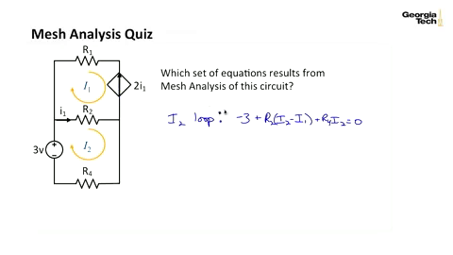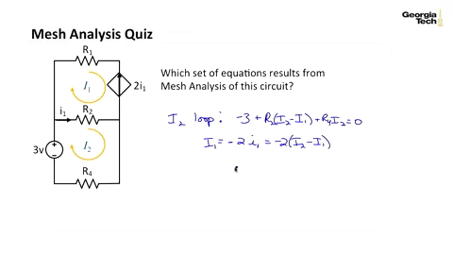Well, my equation is that I1 is equal to minus 2 times little I1 because it's in the opposite direction. And I1 is the net current through this, which is equal to I2, which is in the same direction, minus I1, which is in the opposite direction.